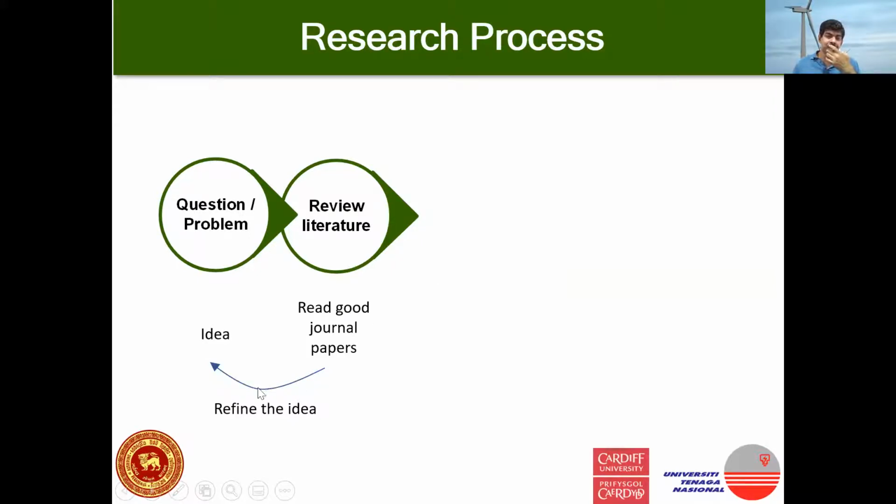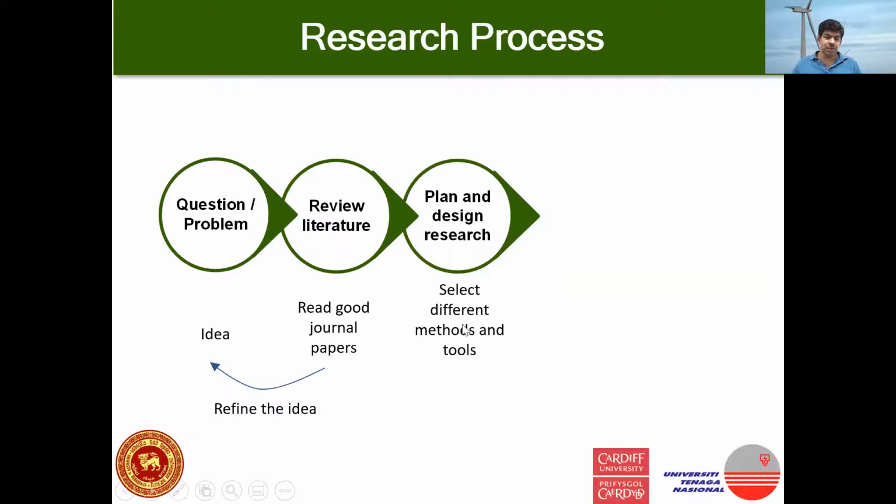And this cycle will continue right through a research process, whether at the beginning or at the end. Once you get the refined questions and problems, then you can plan and design your research.